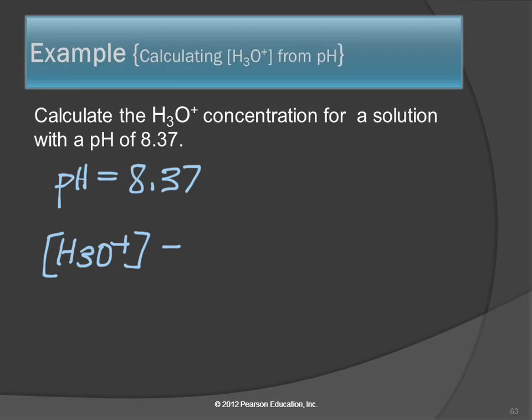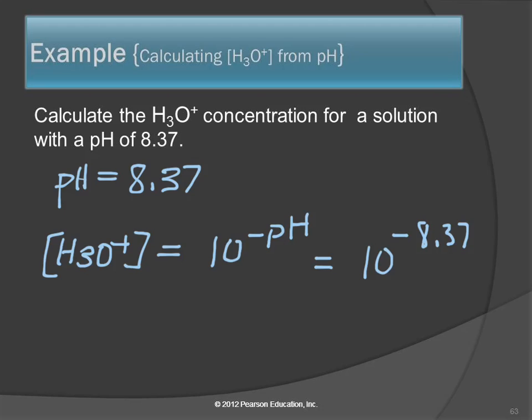The hydrogen ion concentration equals 10 to the minus pH. So how do you do that on your calculator? This is 10 to the minus 8.37. On my calculator, I go 8.37, and I change the sign to get it negative, and I press the 10 to the x button.